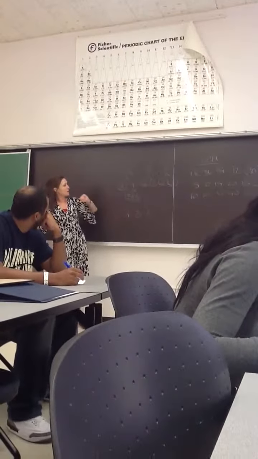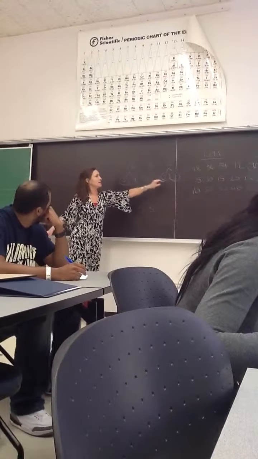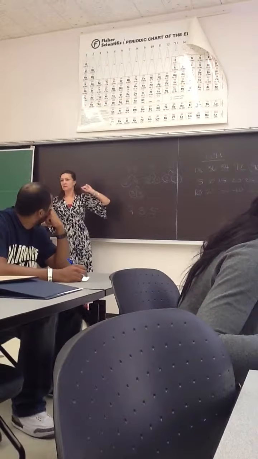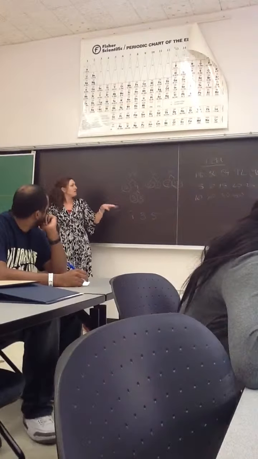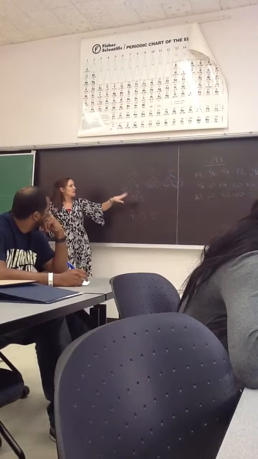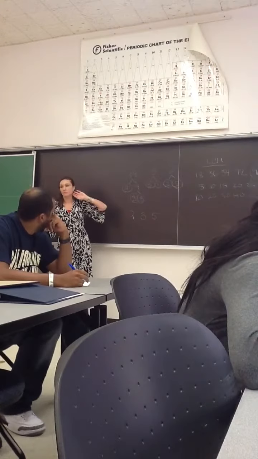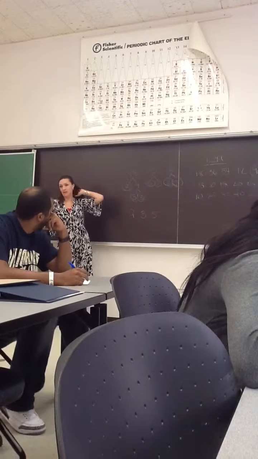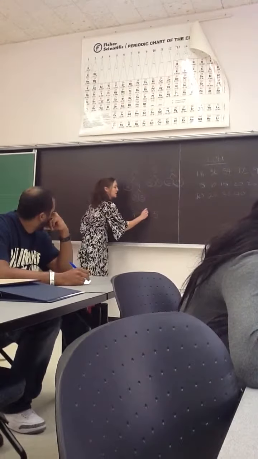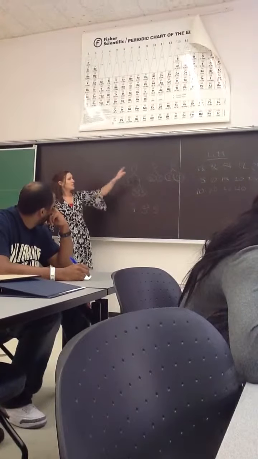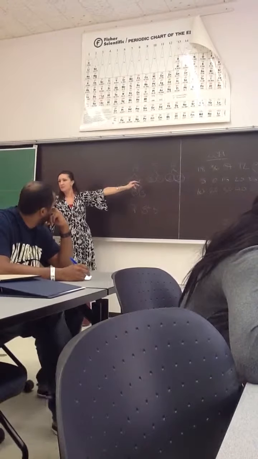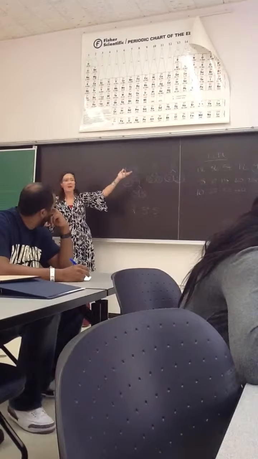See, 18 has 1, 5 has none, 10 has 1. So there's just 1, it's tied. Which one of these numbers has the most 3s? And how many 3s are there? Okay, so I need to do 3 squared, okay? Which one of these numbers has the most 5s? They're the same, so we're going to leave it.